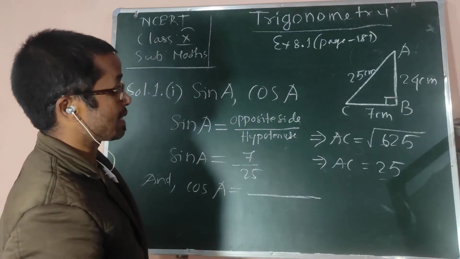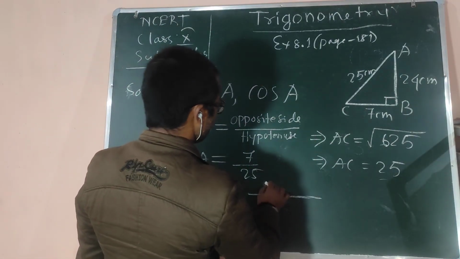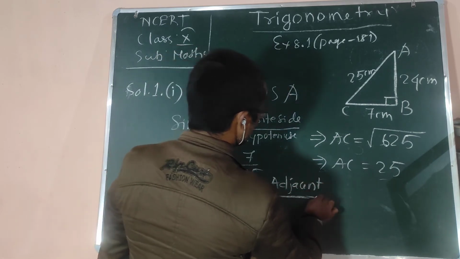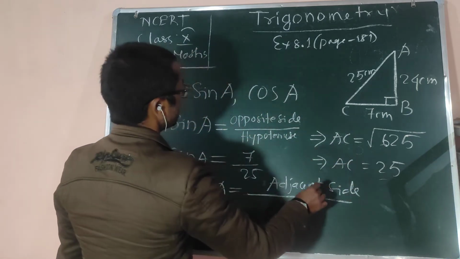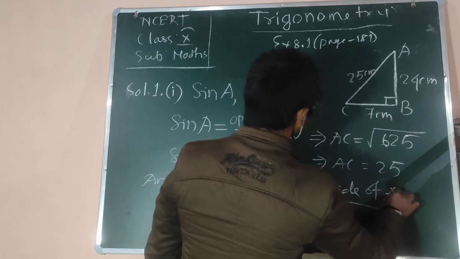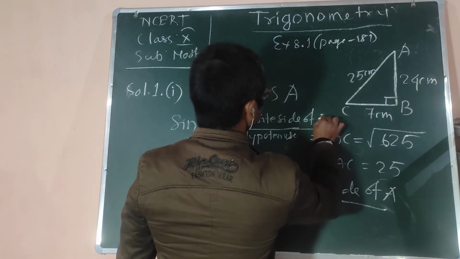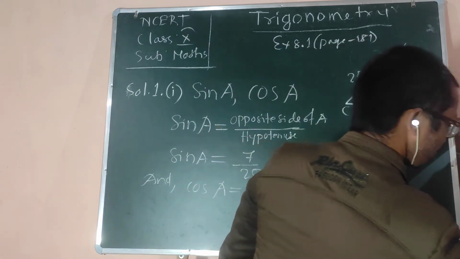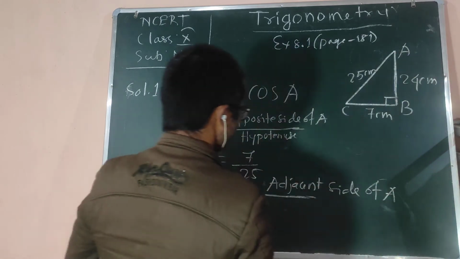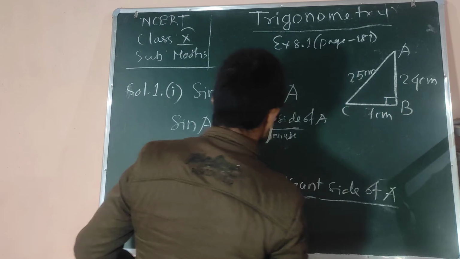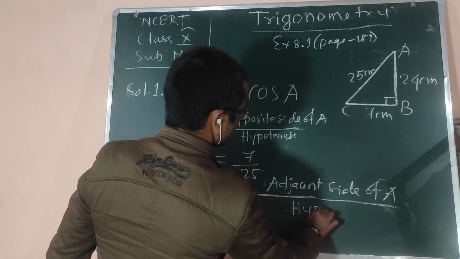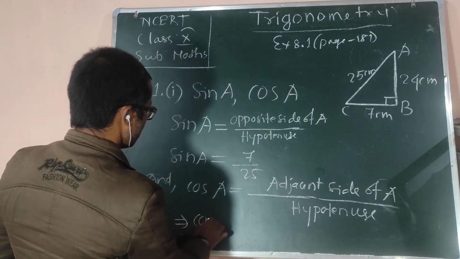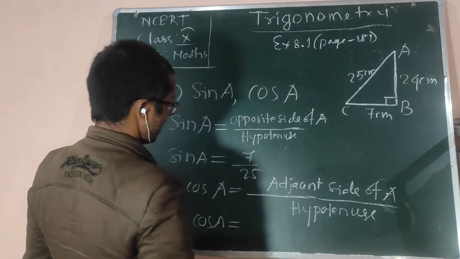Cos is adjacent side by hypotenuse, the adjacent side of the mentioned angle A. Then what is cos A?